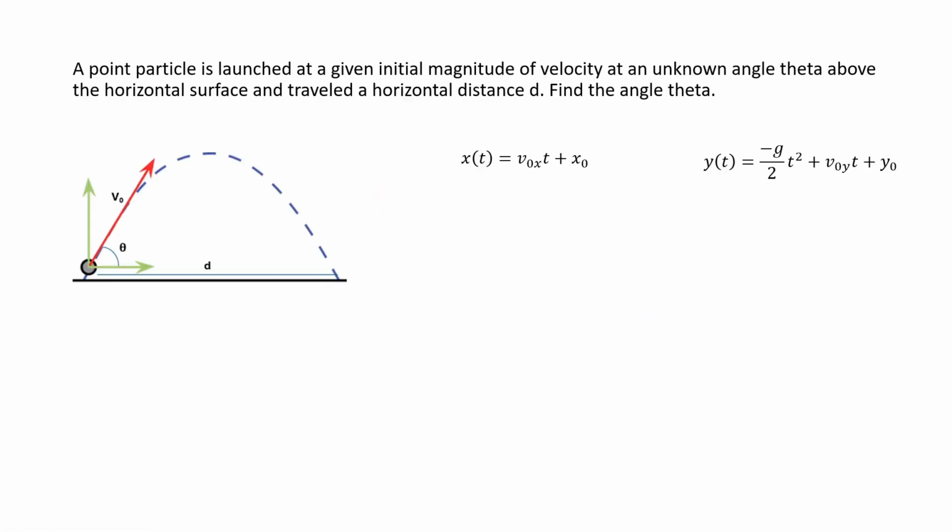So as you can see, I brought up two position equations that are relevant in this kinematics problem. They're really useful. They can be used a lot of times, and there's actually a much better notation than this, but because this is a beginner's problem, I'll just be using simple notation instead of vector form. So we have a given horizontal distance d, and we have some given initial magnitude of velocity.